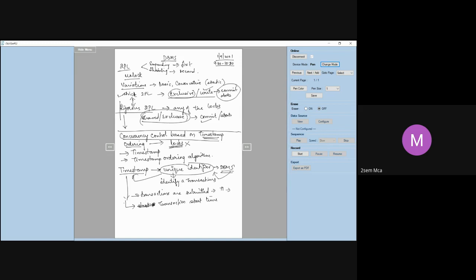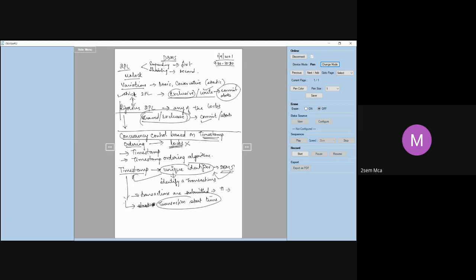That transaction will have the timestamp T1. The second transaction starts at 10:05, and that will have T2. So a timestamp can always be thought of as a transaction start time, because the order in which the transactions are submitted for execution is the order in which you assign the unique identifier, the timestamp.